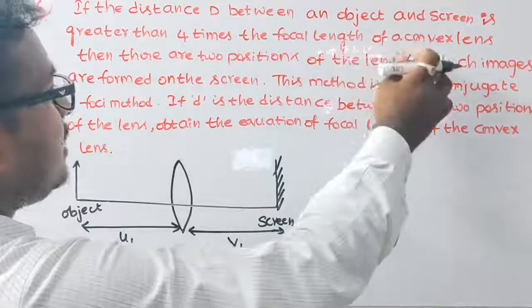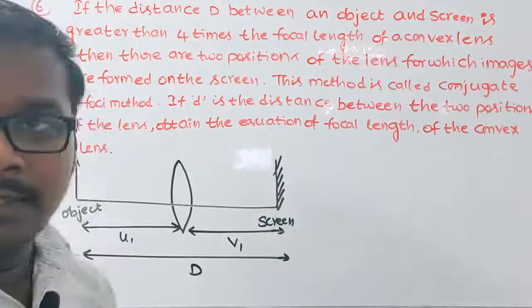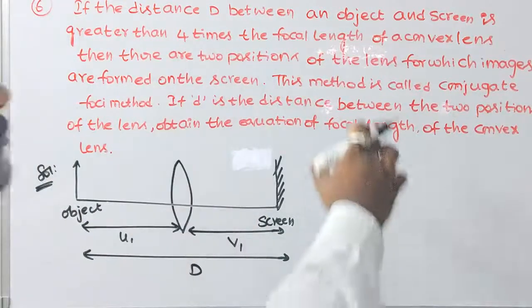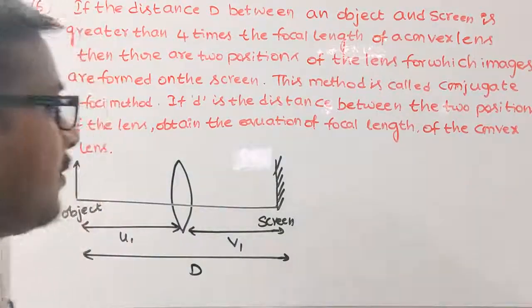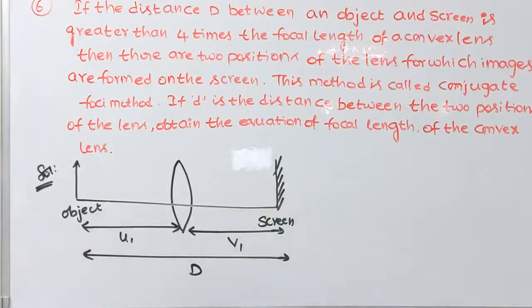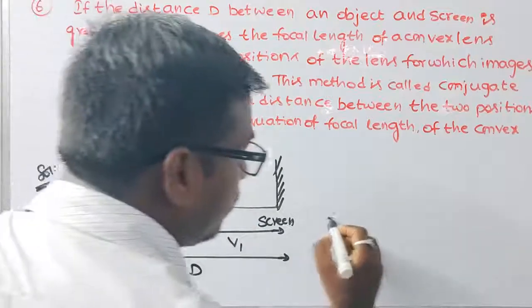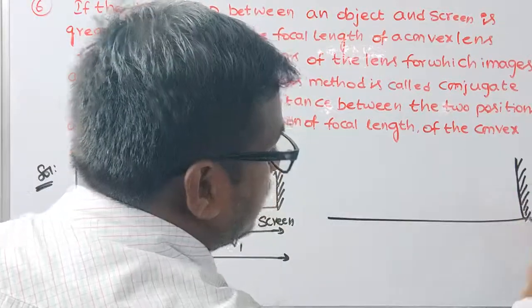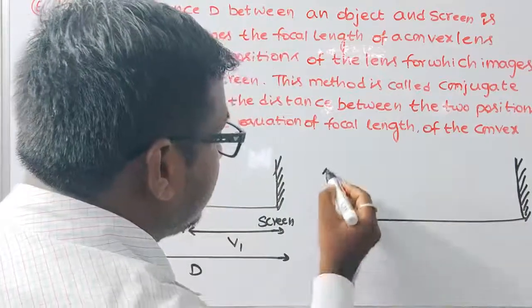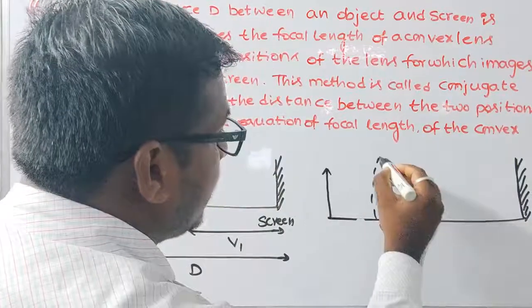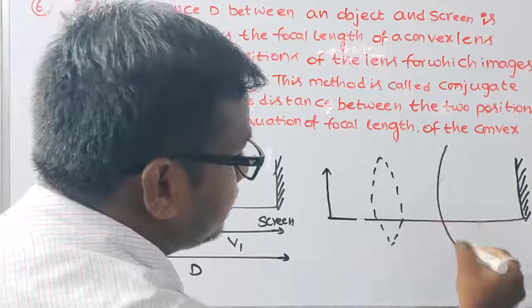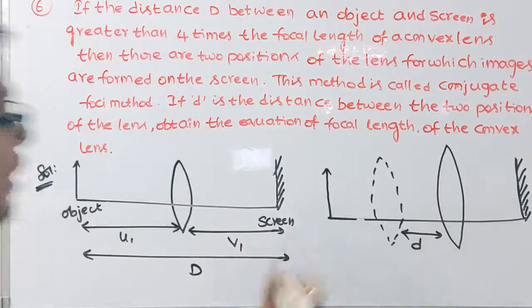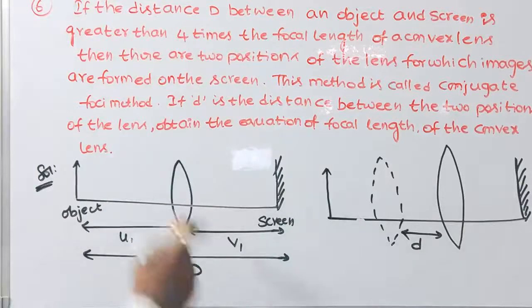The distance D between the object and the screen is greater than 4 times the focal length of the convex lens. This distance is small d, the distance between the two positions of the lens.